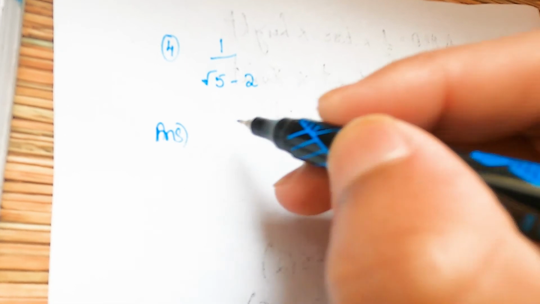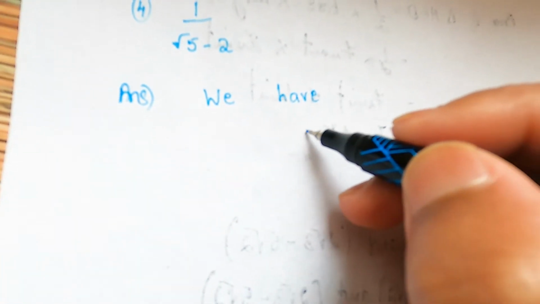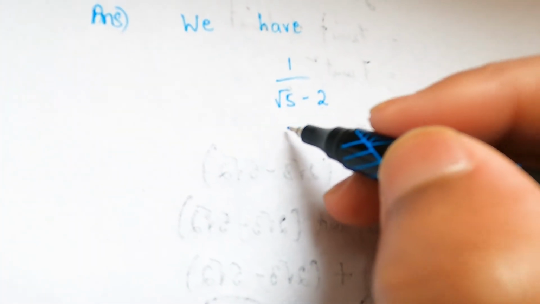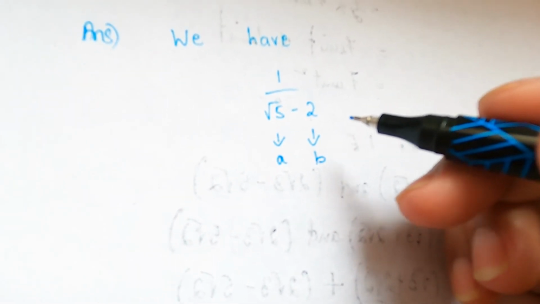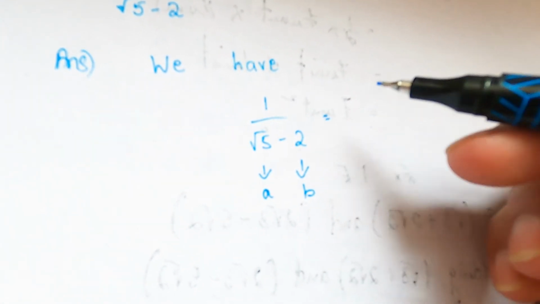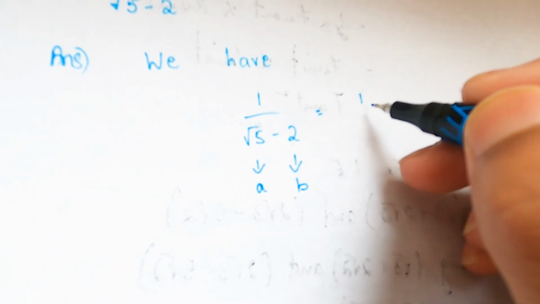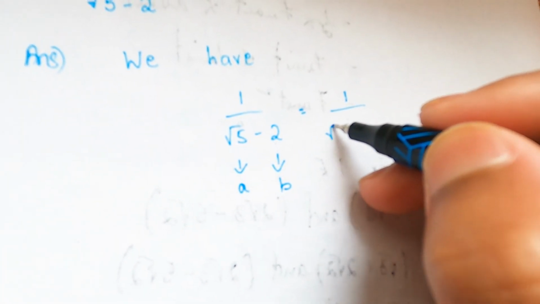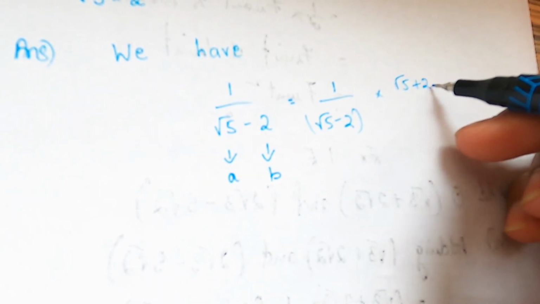So you write, we have 1 by root 5 minus 2. In this case, this will be A and this will be B. In order to rationalize the denominator, we will multiply both numerator and denominator by root 5 plus 2.